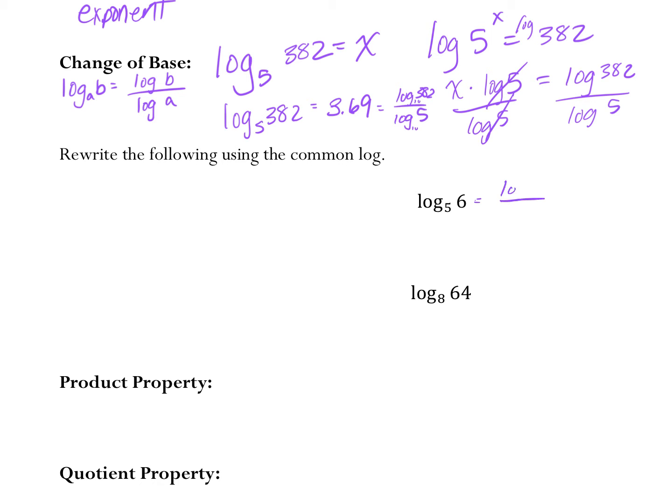Log 6 over log 5. What ends up happening, you guys, is the base goes on the bottom. Is that kind of easy to remember? The base goes on the bottom? And I have no idea what that is. I'm assuming it's like 1.1 or 1.2.